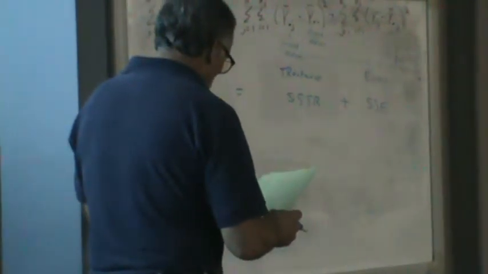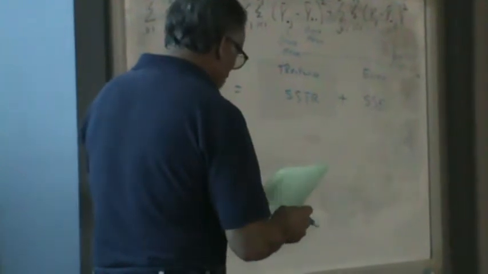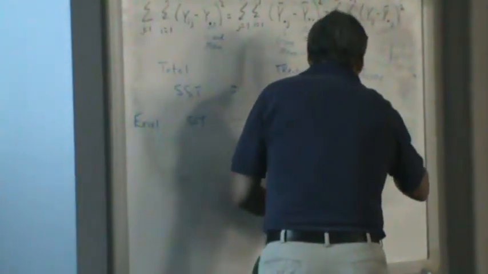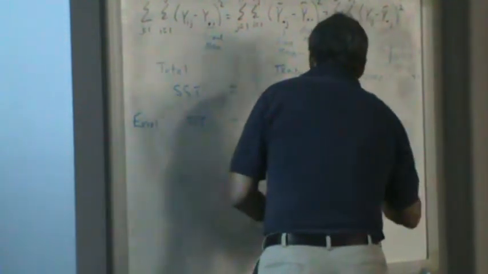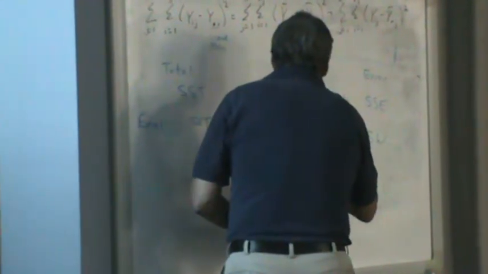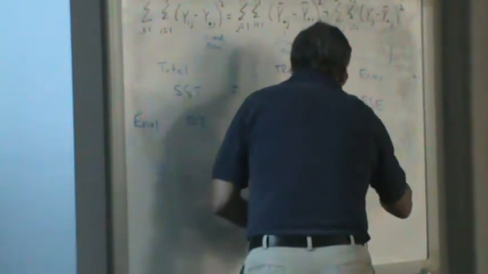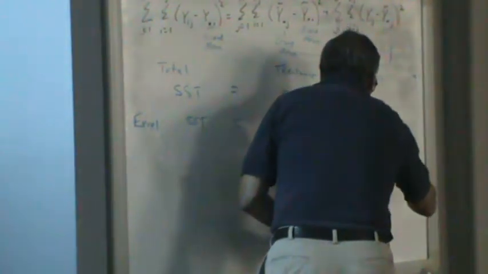Now Excel, just so we know, this is what the book does. Excel does it this way. I think you'll see it's called SSA plus SSW, where A is among and W is within.